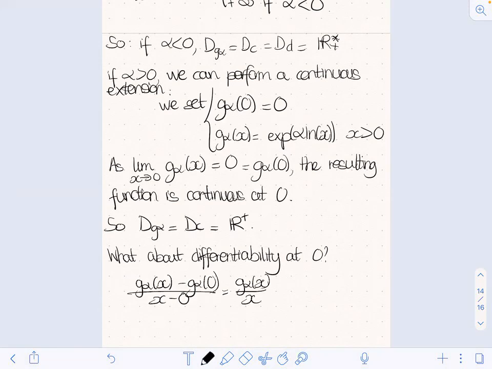Now if we use the definition of G alpha of x, how can we rewrite this fraction?